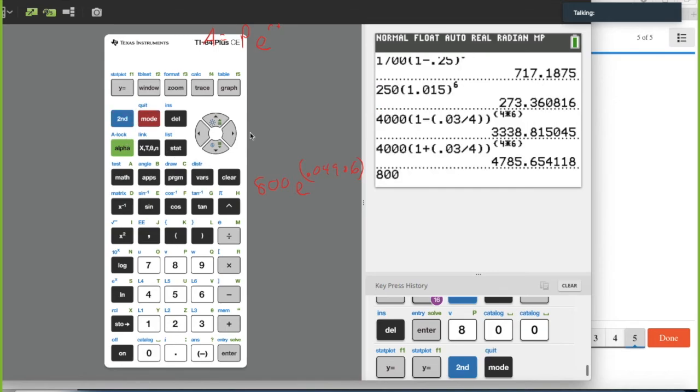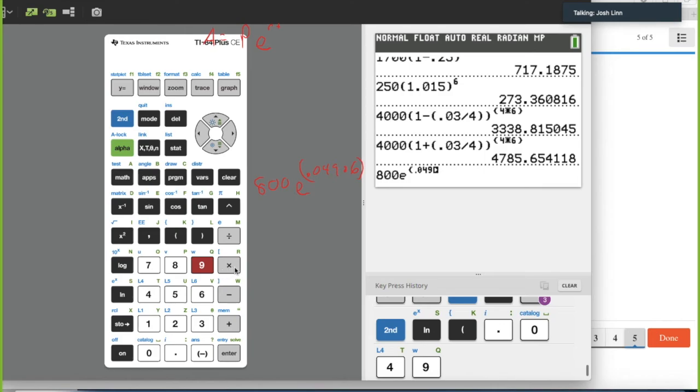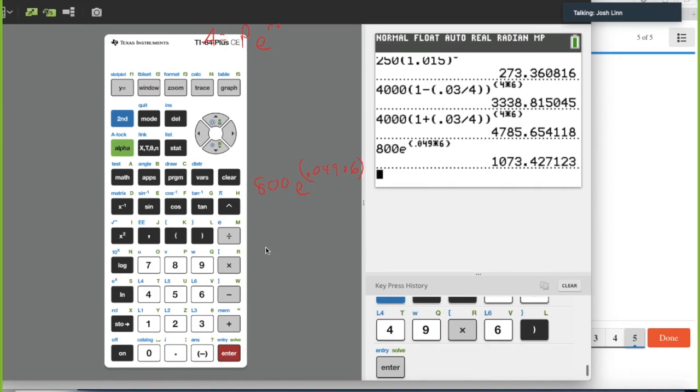Quit. 800 times e to the power of, we're going to put this all in parentheses just to be safe, 0.049 times 6. Close parentheses. Solve. So our answer is going to be 1073.43.